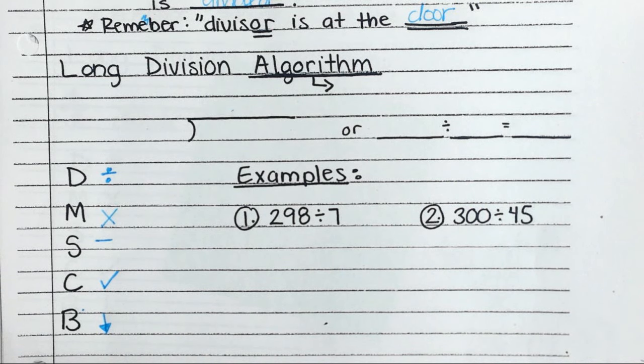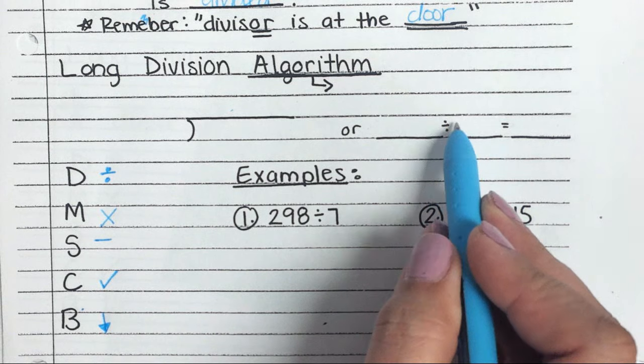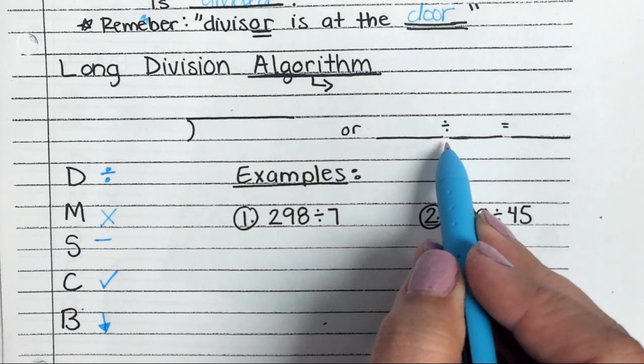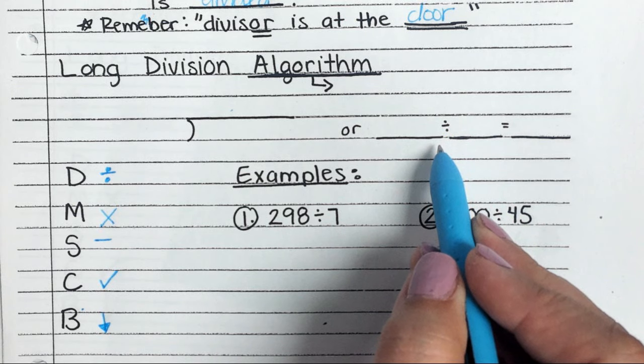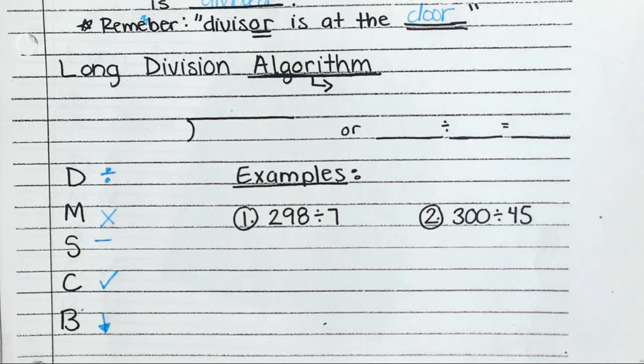Does anyone happen to know? It looks very similar to this division sign. Noah. Vertically. When we write it vertically, what else does it look like?